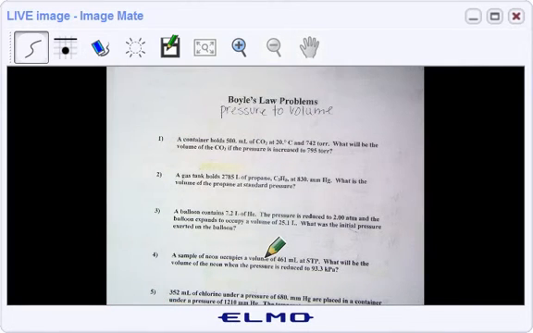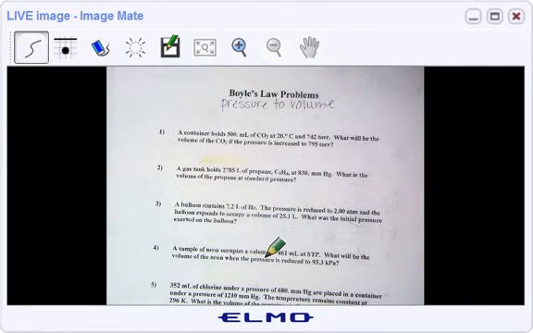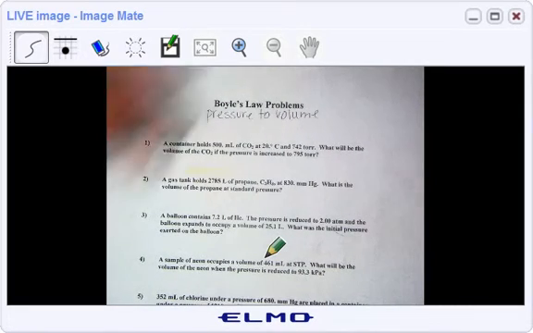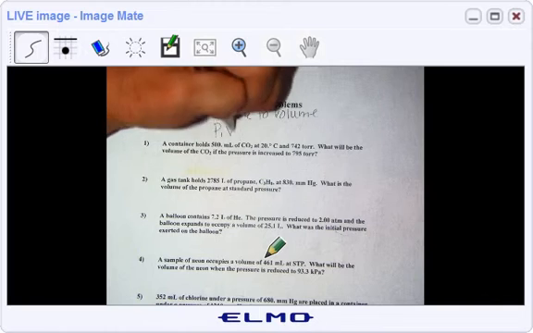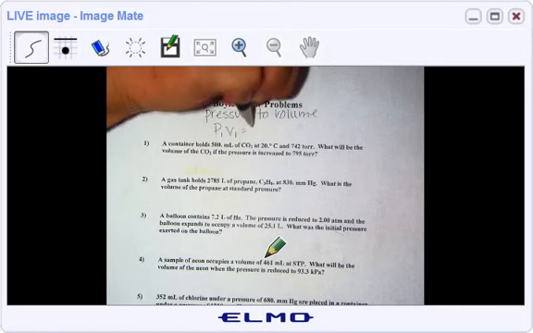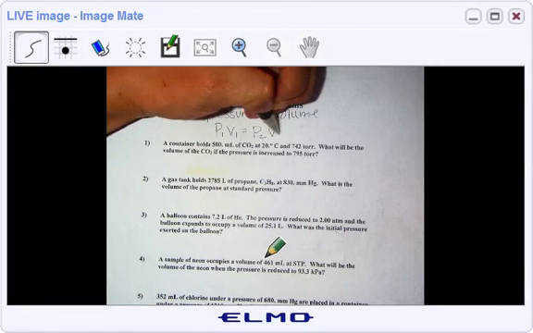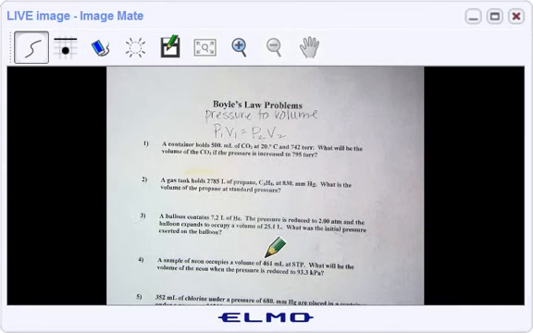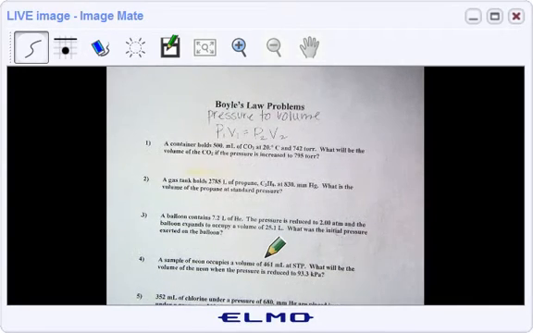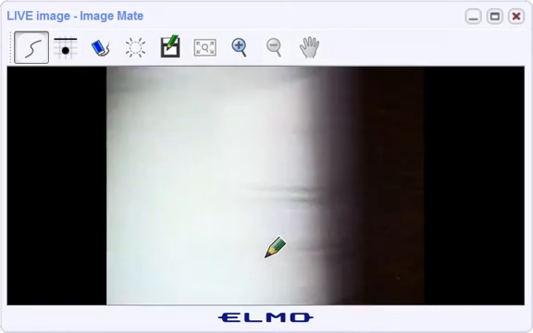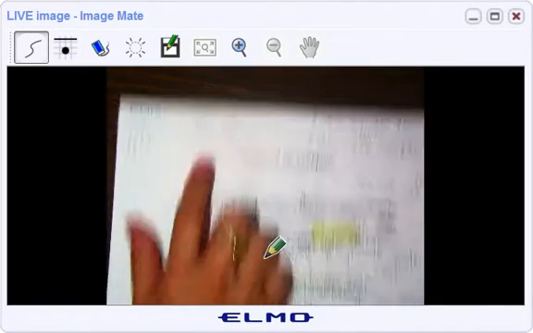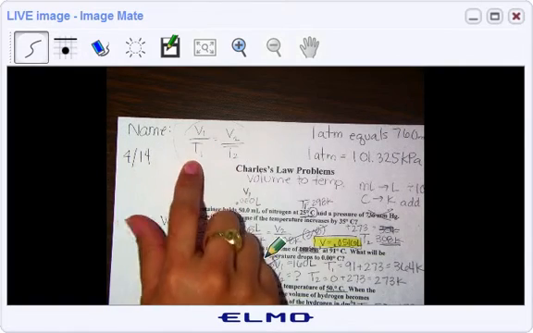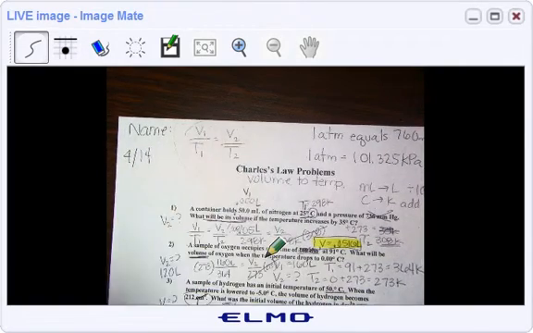This will be a different formula. Something I want you to notice is when it's a formula like this, it looks like fractions. Okay, this is going to be a direct relationship.